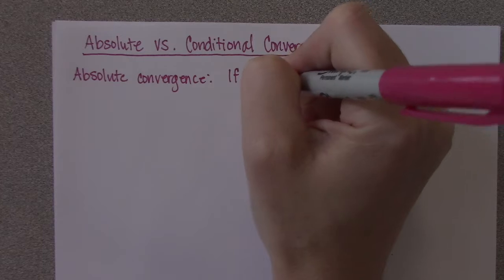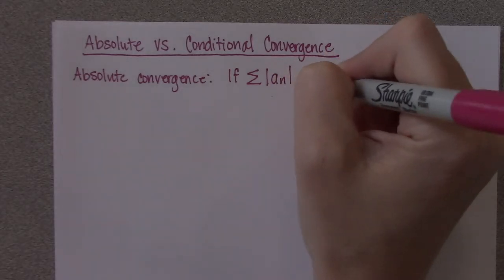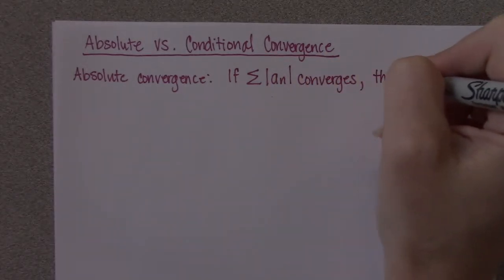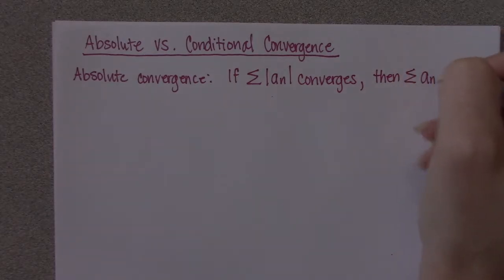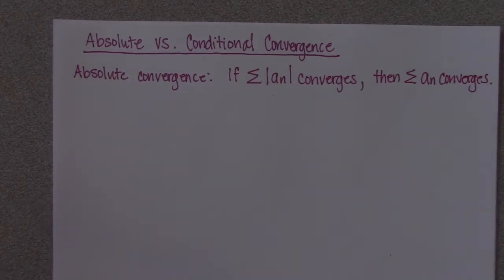If the sum of the absolute value of all the n terms converges, then the original series converges. So why are we talking about that in this section? Well, there's no need to take the absolute value of a series if all the terms are already positive.